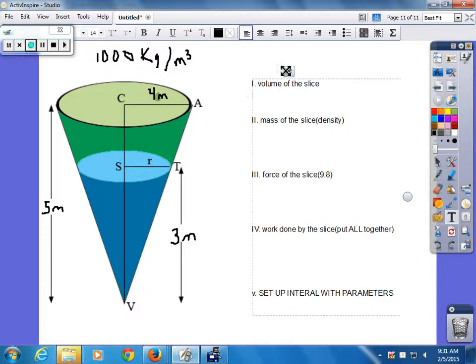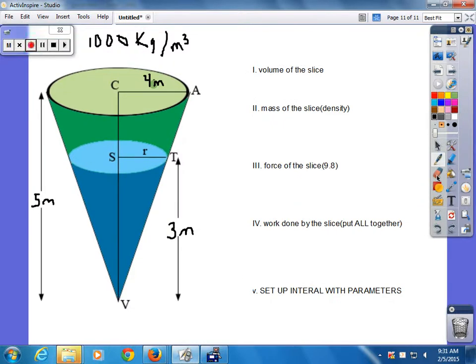All right. The volume of the slice. Well, first of all, we have to find the similar triangle. So I'm going to go right here, and I'm going to draw my plunger. You can say this is dy, and the radius here we don't know.